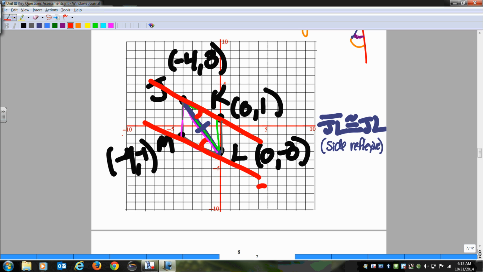If you find the slope of those, and you can show the slopes are equal, you can show that the angle KJL is congruent to the angle MLJ because of armpits of the Z, and that would give you a pair of angles. So you'd end up with the sides in the middle and a pair of angles.